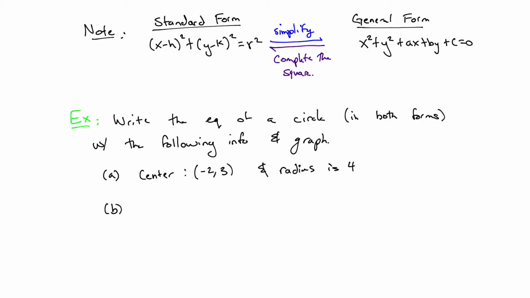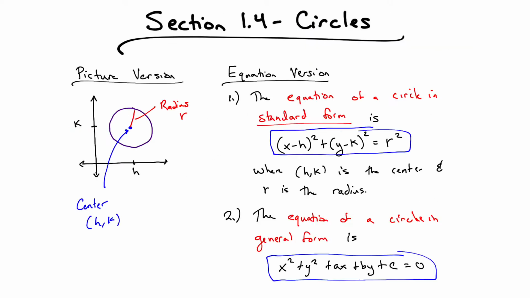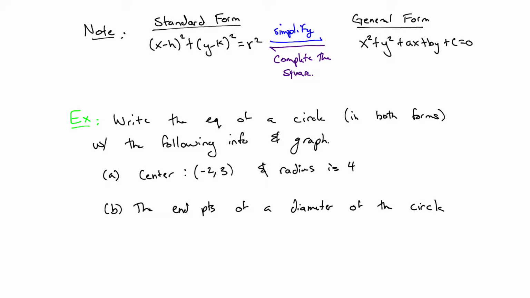Part B will be that the endpoints of a diameter of a circle are (-4, -2) and (2, 6).